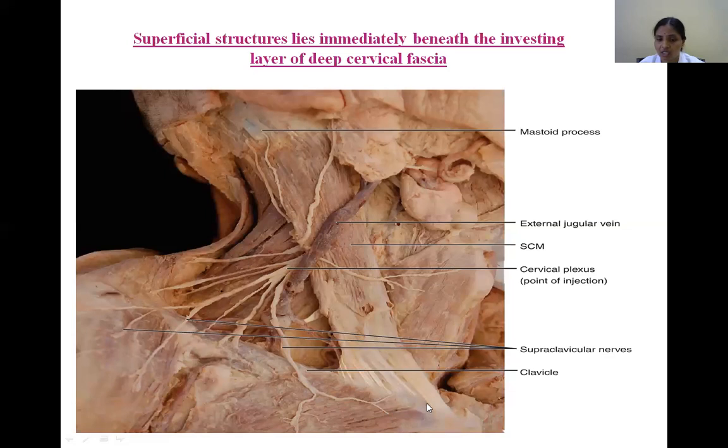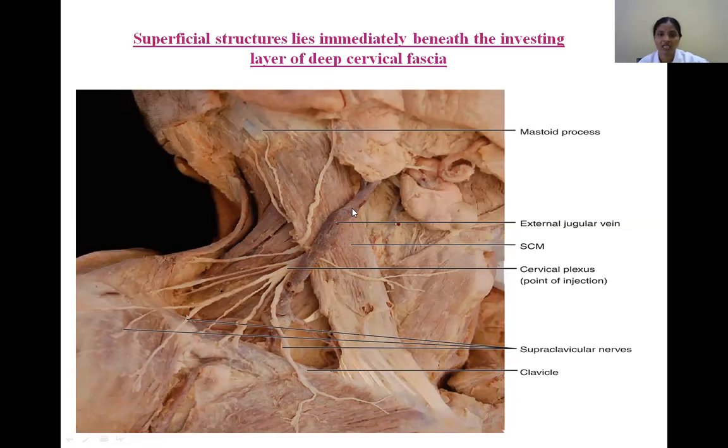Moreover, it supplies the joint also. So what is the joint here? Sternoclavicular joint. So all these are cutaneous branches. From where are they coming? All these branches are coming from the cervical plexus, which is formed by the C1 to C4 ventral primary rami of the cervical nerves. Clear? So all these are cutaneous.